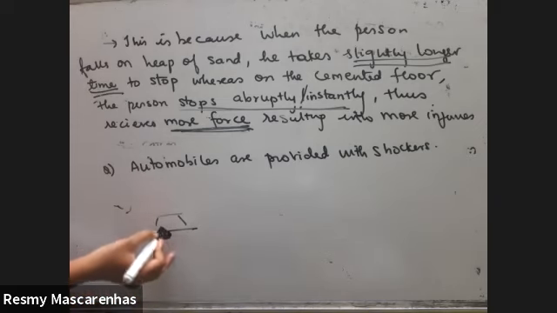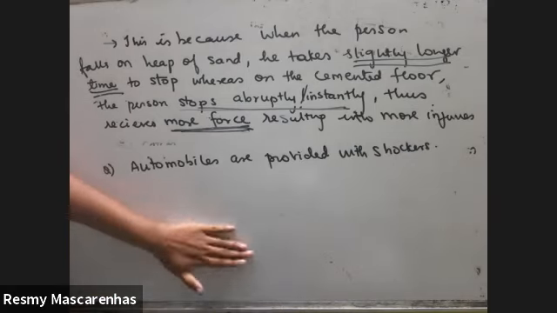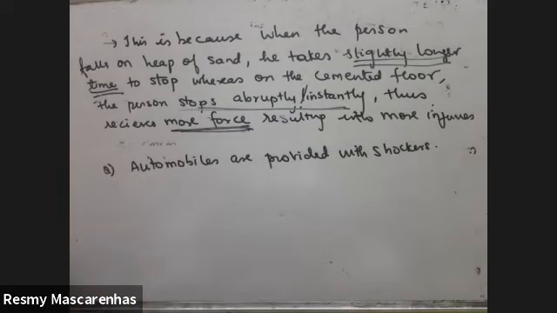By the time the jerk comes up, there is a shock absorber inside the car, so it will reduce the force. It tries to absorb that force, and by the time it reaches you, the impact will reduce. So that's why you don't get too much of this impact.